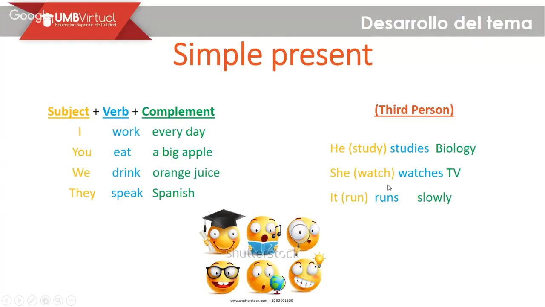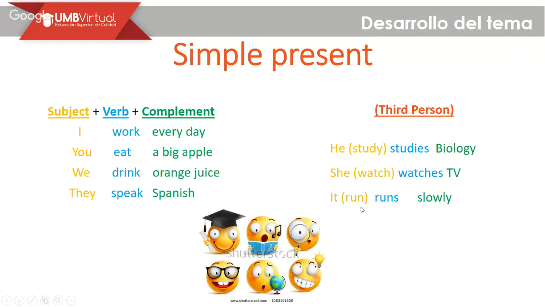Recordemos que estas son algunas de las reglas que nosotros debemos tener en cuenta en el momento en que vamos a empezar a construir enunciados utilizando el presente simple. When we have, for instance, study, which is studies, vamos a tener en cuenta, si antes de esa Y va una consonante, vamos a modificar esa Y por una IES. En el caso de que tengamos CH, vamos a agregar ES.